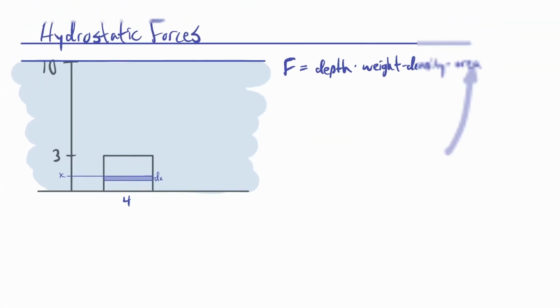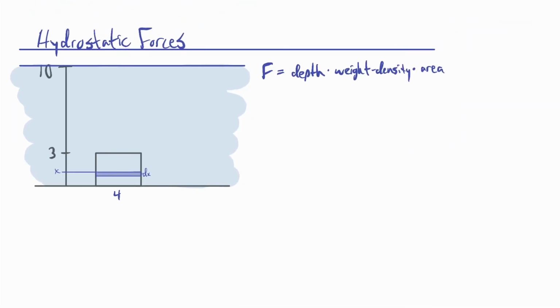So the incremental force, dF, well, let's start with dA, is 4 dx. In other problems, this will often be the hard part, but for this one, it's pretty straightforward. So dF, the force on just that slab, is the depth, which is 10 minus x, times the weight density, which is 9,800, times the area, which is 4 dx.